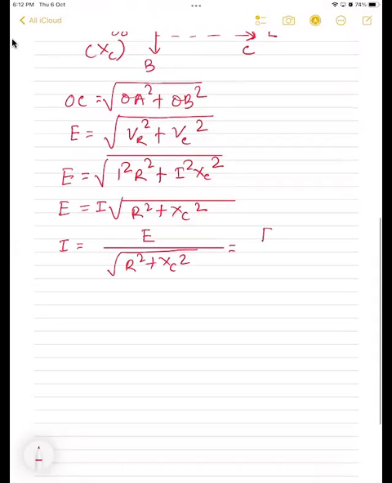That is known as Z, the impedance in the RC circuit.